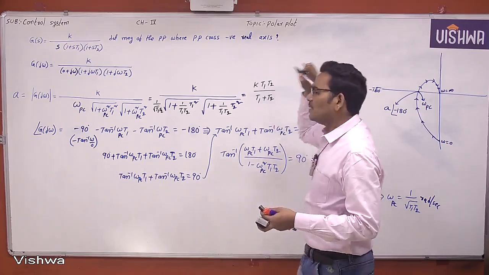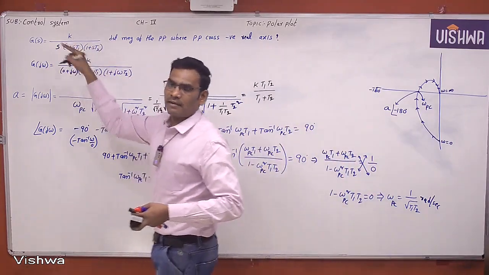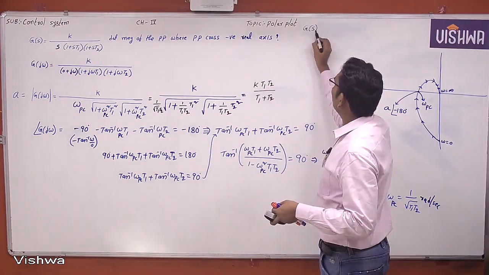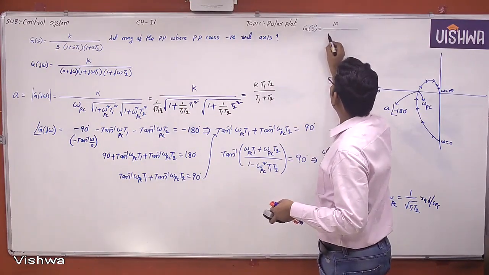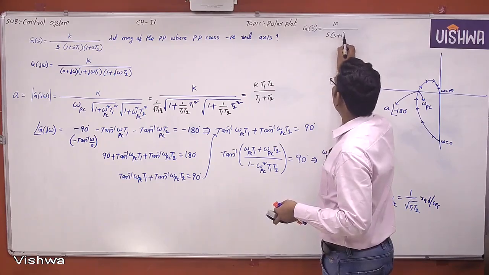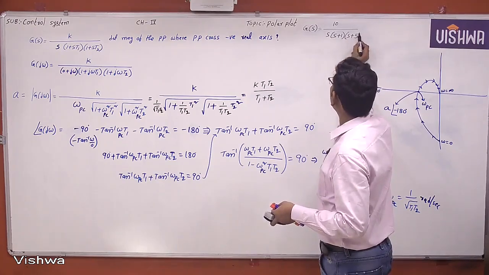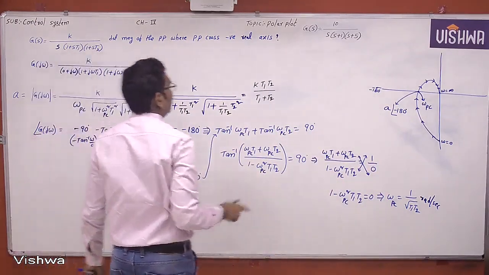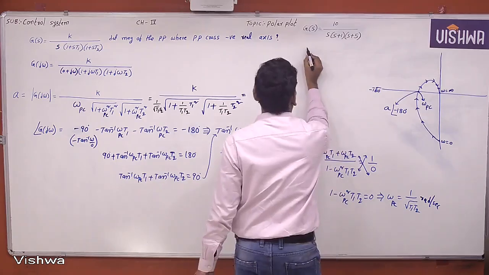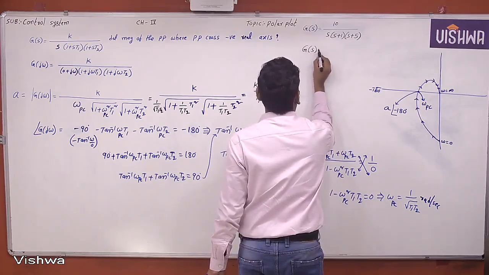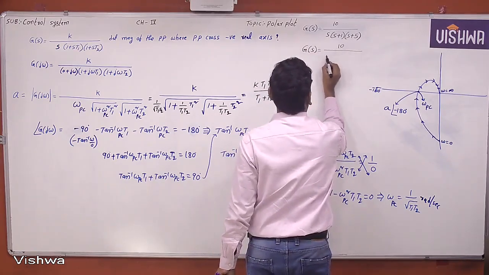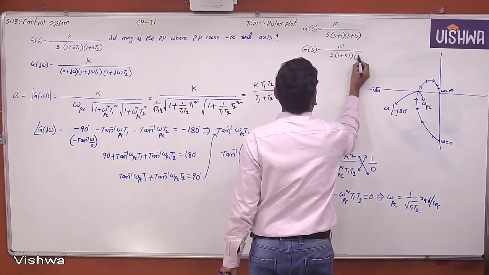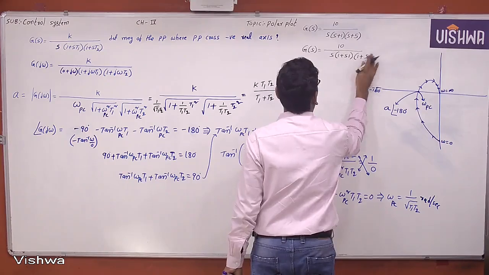If the problem is directly of this particular format, then you can substitute directly. For example, the question is G of s equal to 10 by s into (s plus 1) into (s plus 5). This is not in time constant form, so you convert it first, otherwise don't apply. G of s equal to K by s into (1 plus sT1) into (1 plus sT2).